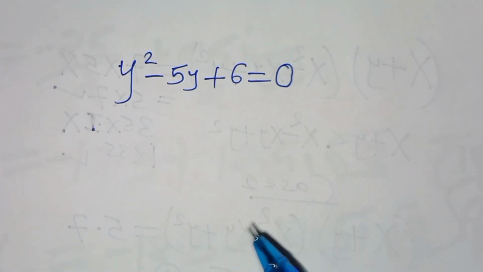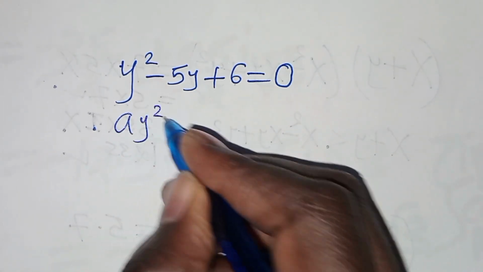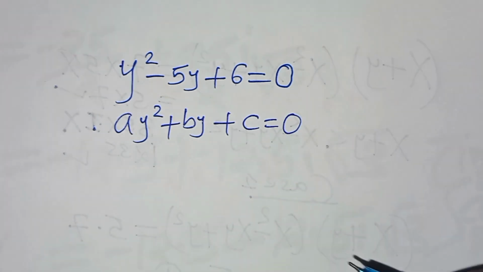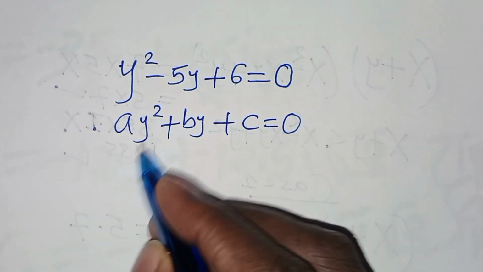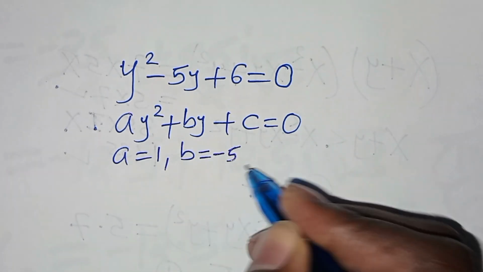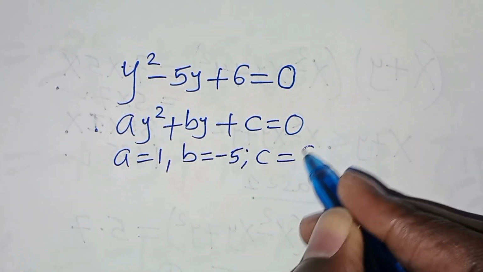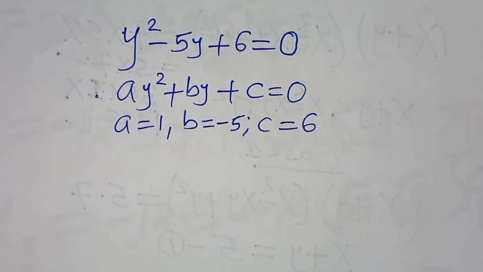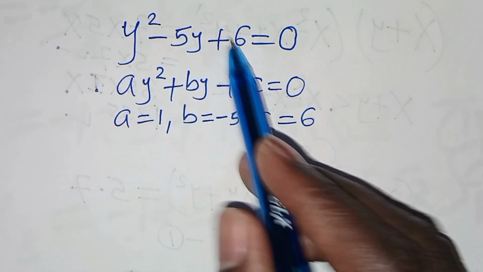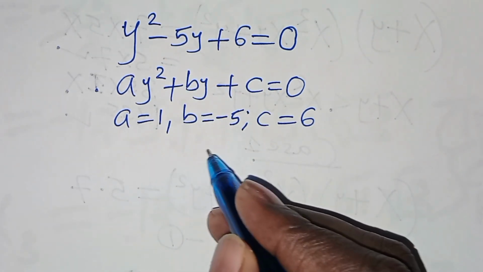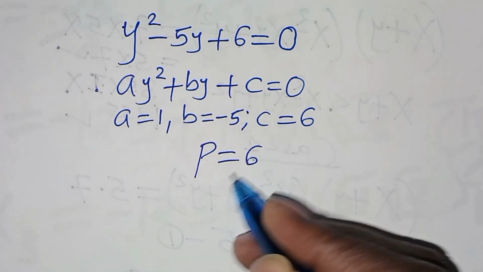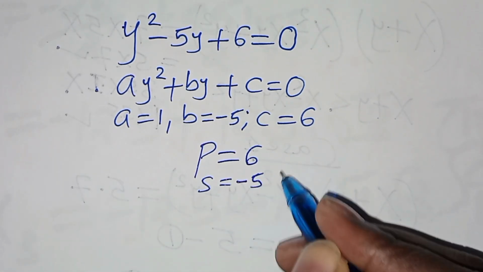Now here we have a quadratic equation of the form ay squared plus by plus c equal to 0. This implies that a is equal to 1, b is equal to minus 5, and c is equal to 6. So we can solve this quadratic equation using the factorization method, where the product is 6 and the sum is minus 5.